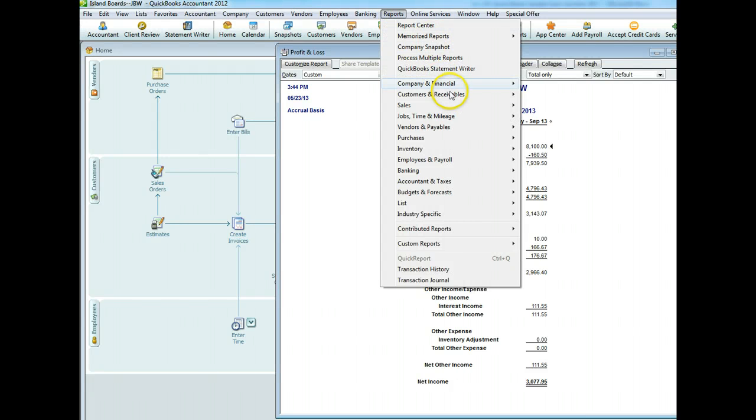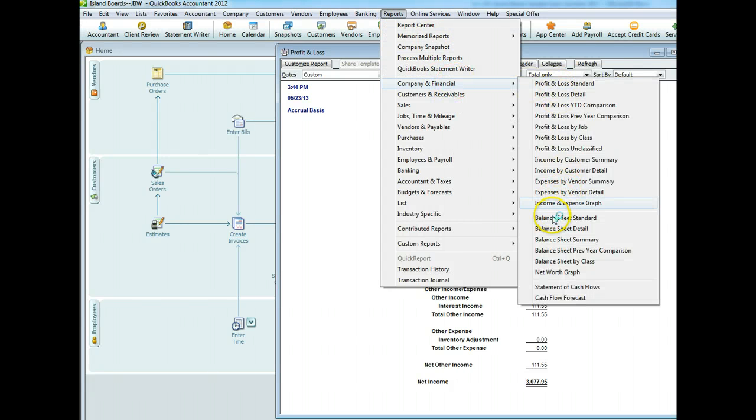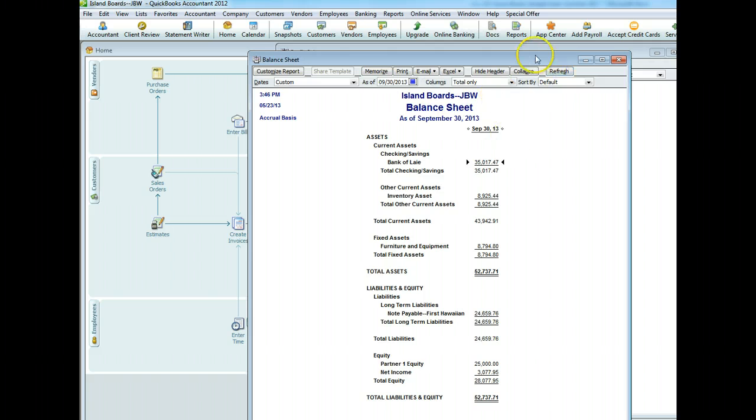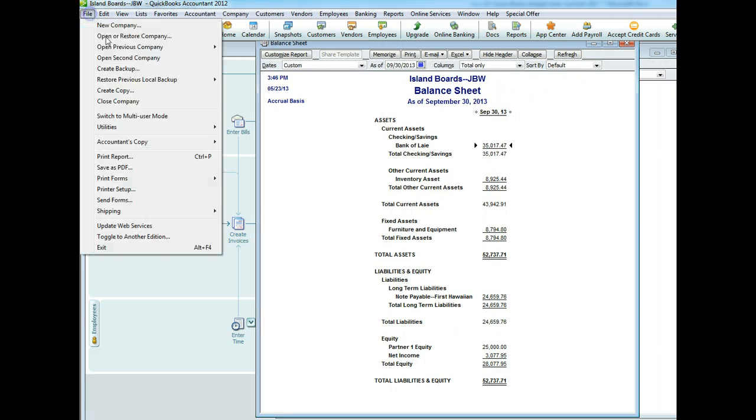Okay, so now I want my balance sheet. I want it as of, say, the end of September. I want a PDF of it.